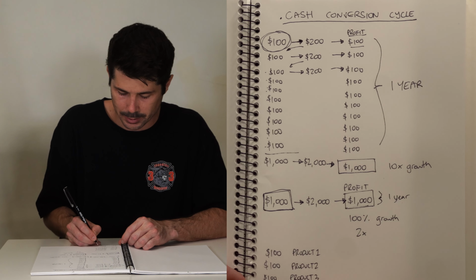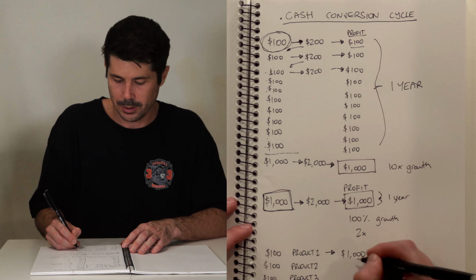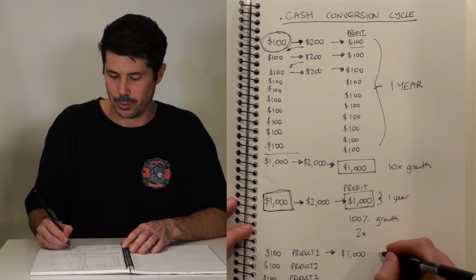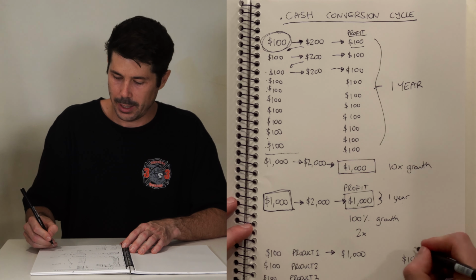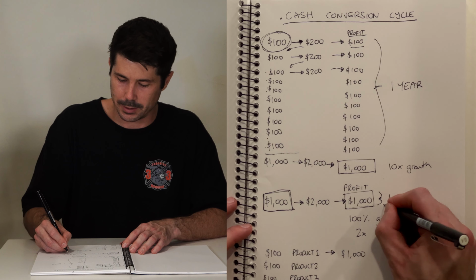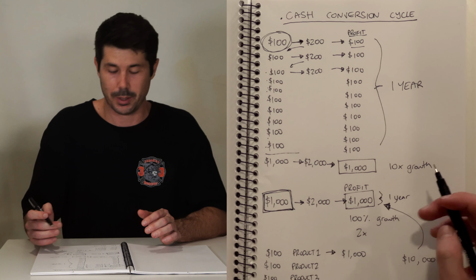Now, if each of these could do the same as the first scenario, which is in a year and 10 cycles, we could make $1,000, then times by 10, we would then be making $10,000, right? Instead of this $1,000 profit that we made when all of our cash was fully tied up in here.